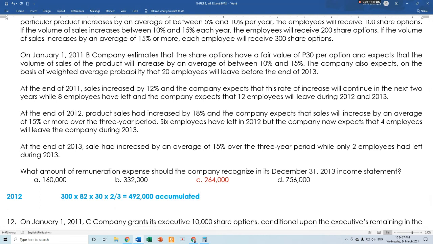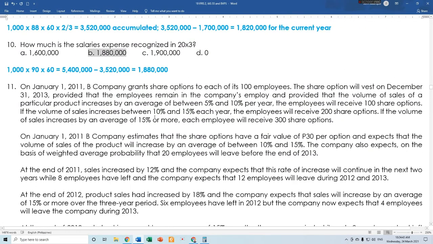Okay, pagdating natin ng 2013, sabi, at the end of 2013, sales had increased by an average of 15% over the 3-year period while only 2 employees had left during 2013. Okay, average of 15. Sinabi kasi between 10 to 15, tapos kapag yung sales ay dapat average of more than 15%.